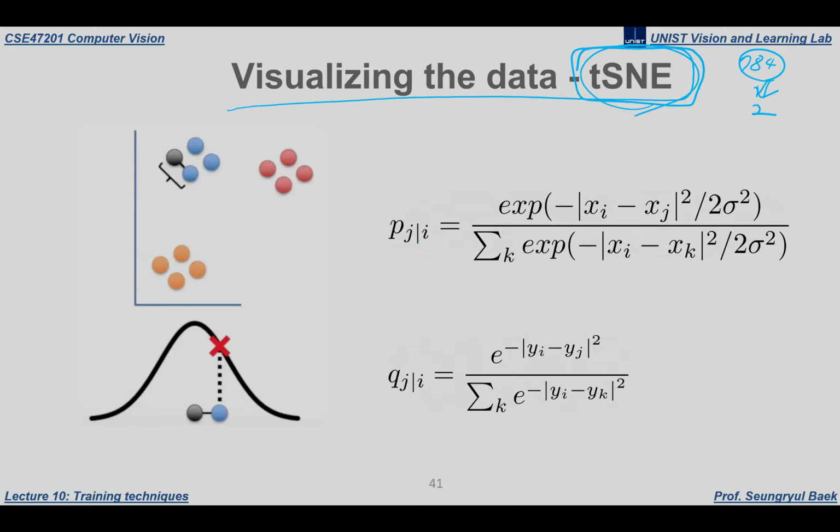What they do is focus on retaining the pairwise feature similarity.